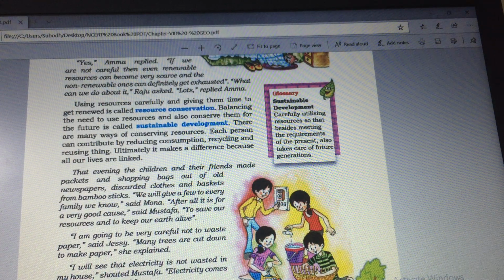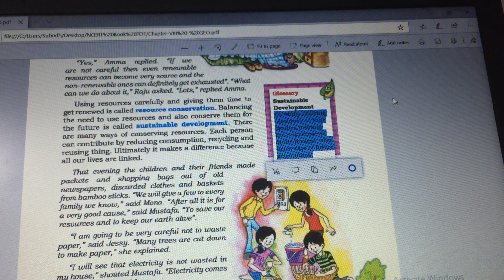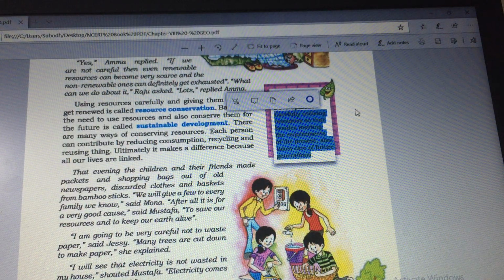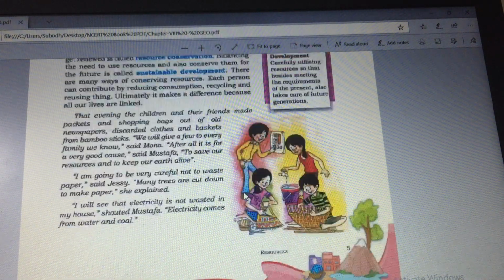And here you can see sustainable development, which we have already discussed, but again we'll discuss. It means carefully utilizing resources so that besides meeting the requirements of the present, it also takes care of future generations.